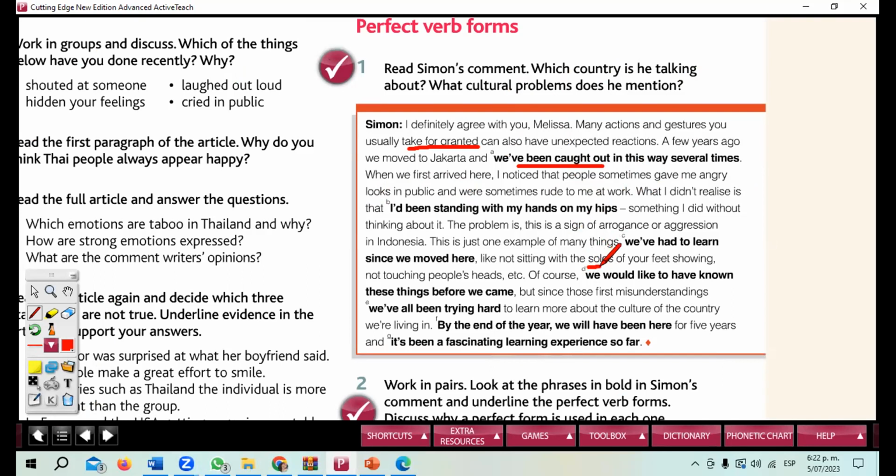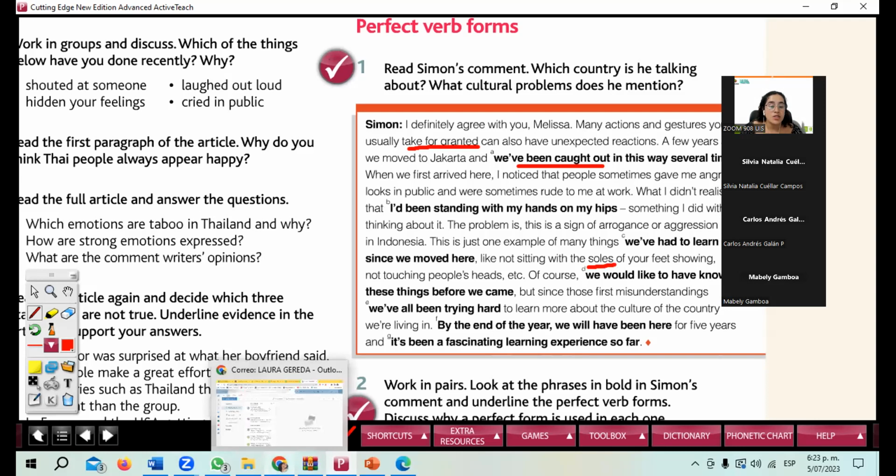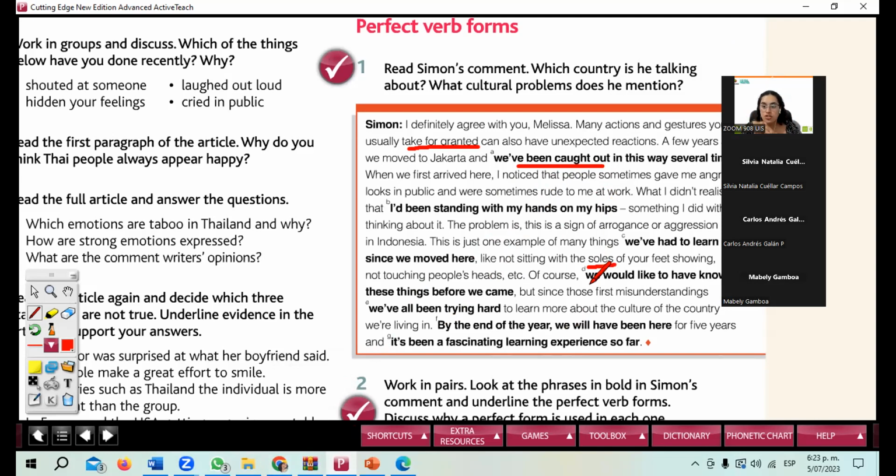Do you know what soles are? No, teacher. It talks about feet or shoes, what is the sole of a shoe? La suela? La suela, yes. So he was sitting with the soles of his feet showing.